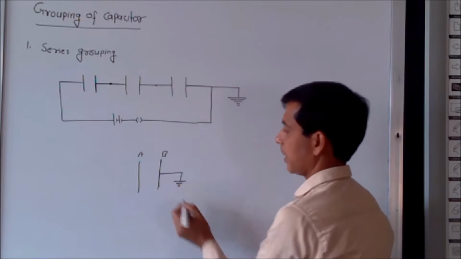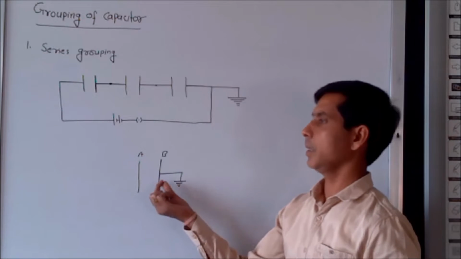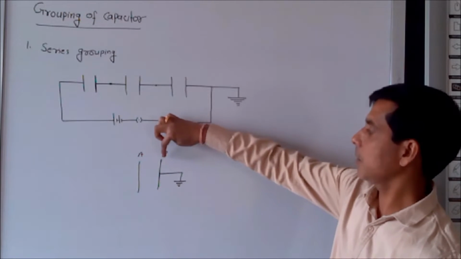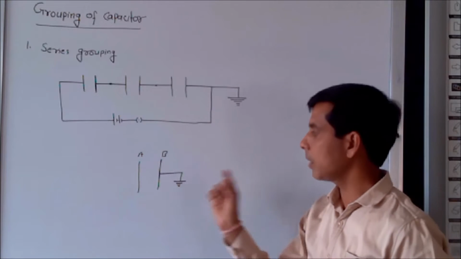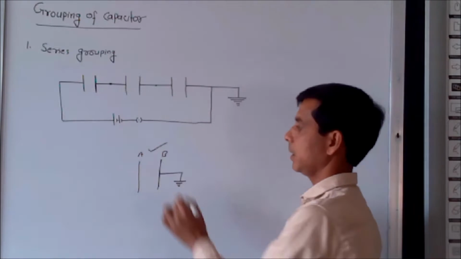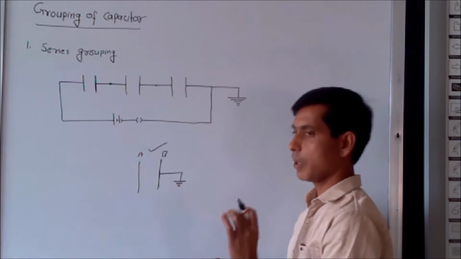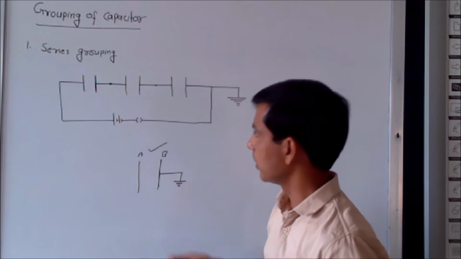According to the principle of capacitor, when an uncharged earthed plate is placed near a charged plate, its capacity increases. This is the principle of capacitor.